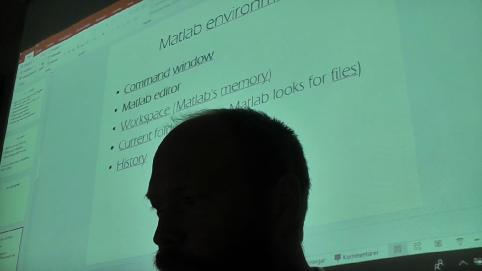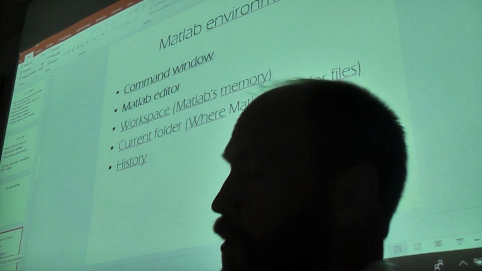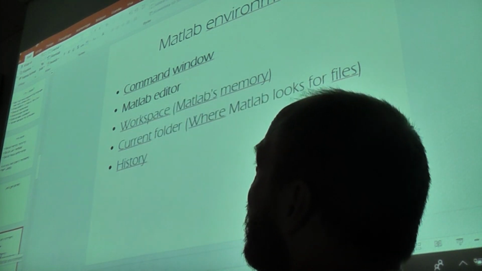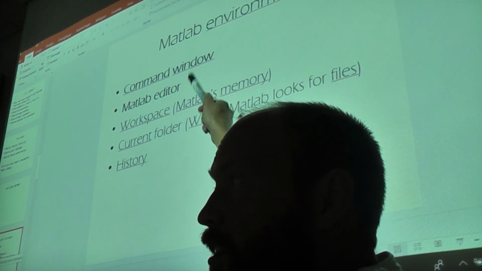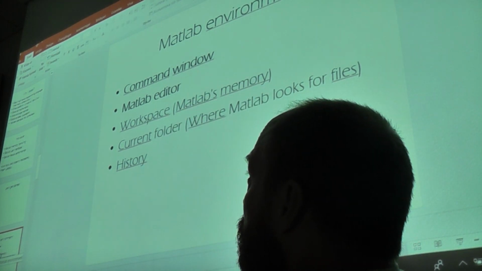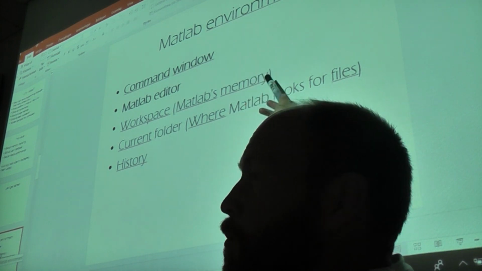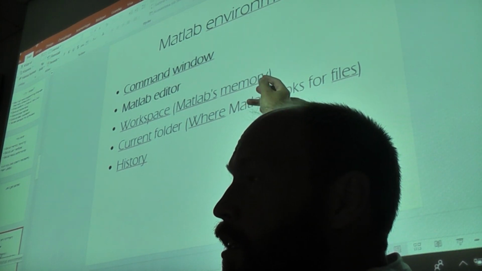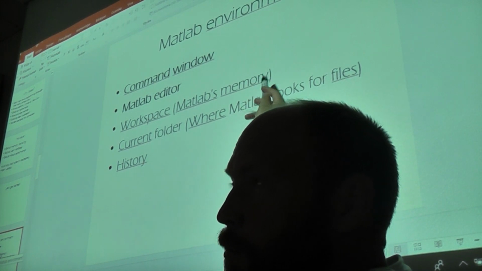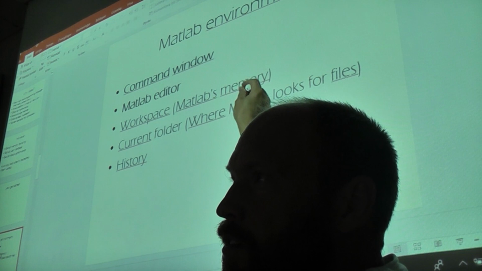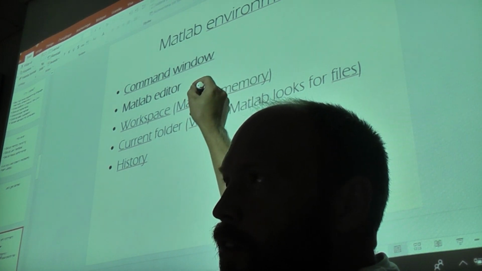So going back to the slide, we have the command window and the MATLAB editor. I think these two are the most important for me. But then we also have a workspace window showing which variables you have in memory. That's the only thing you can manipulate.